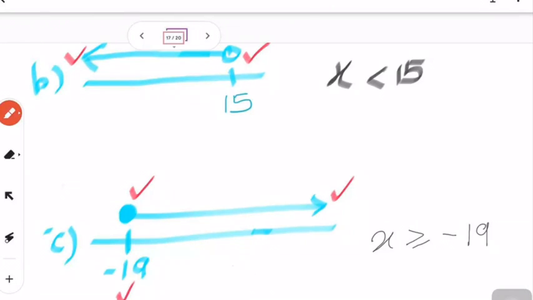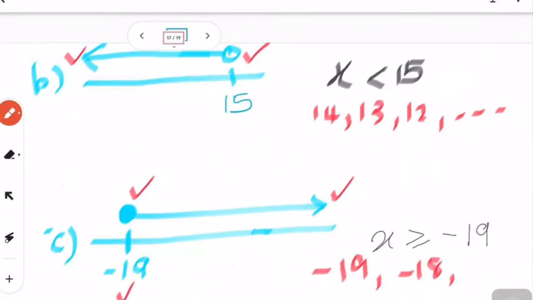Ni maksudnya if you list down the values for B, nilai-nilai dia 14, 13, 12 and so on. Tapi untuk C, the values, negative 19 pun termasuk. Negative 19, negative 18, negative 17 and so on, ya.